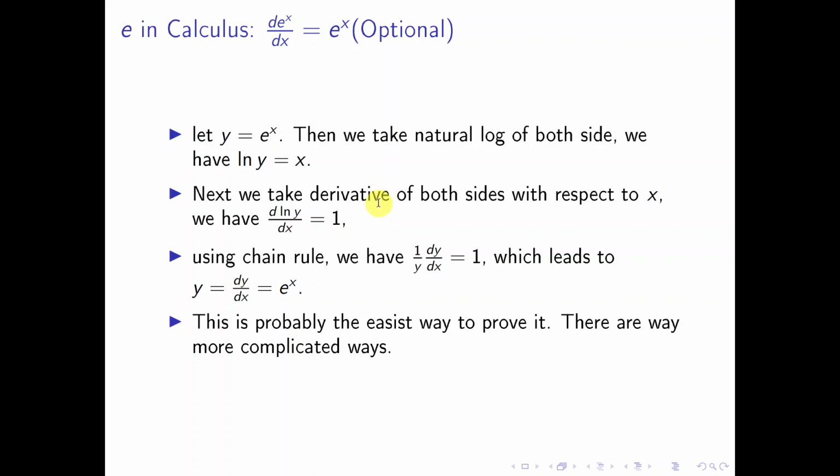This is because we don't know the derivative of log of y with respect to x directly, so we take a detour. First, we figure out the derivative of log of y with respect to y, which turns out to be 1 over y. Then we multiply by dy over dx. This is called the chain rule, which turns out to be 1.